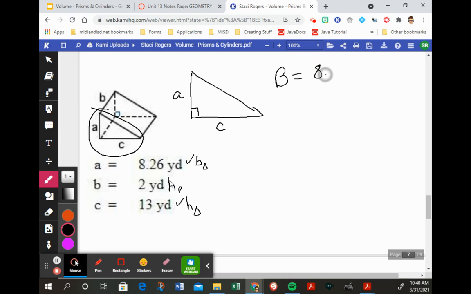There we go. So big B is equal to 8.26 times 13 divided by 2. So 8.26 times 13 divided by 2. 53.69.